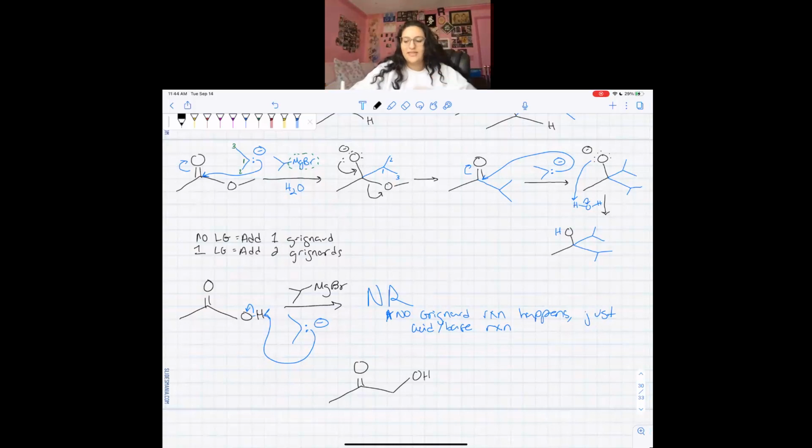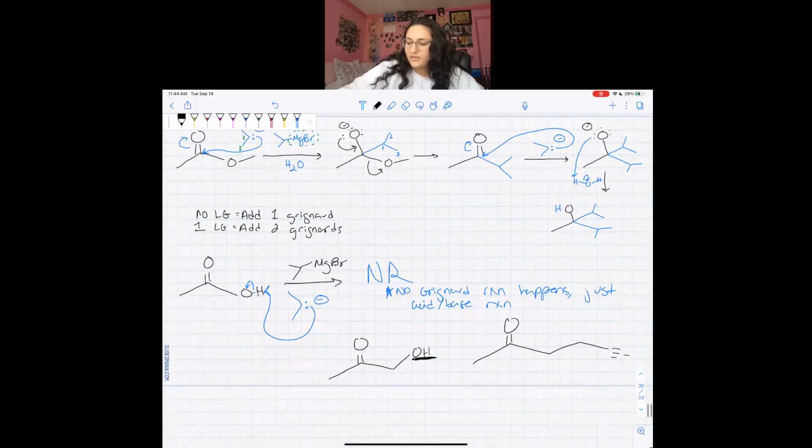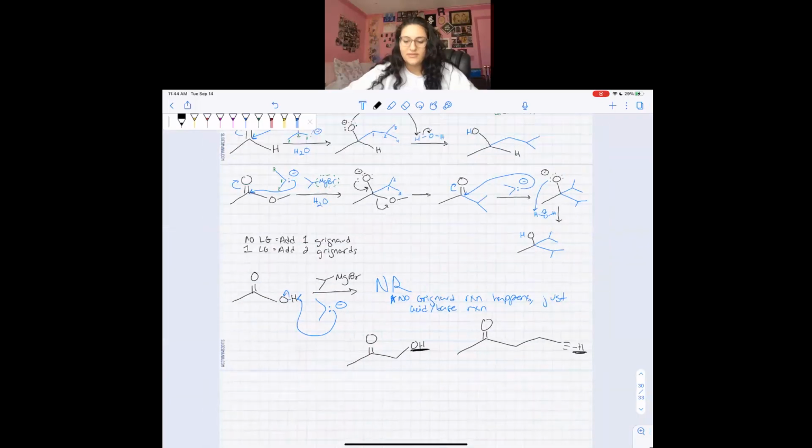So now it's just a ketone, but there's a heteroatom, and so this counts as an acidic proton. Same thing here. Let's say we have this, and then we have a triple bond with a hydrogen on it. This is an acidic proton, so we would get no reaction. Let me zoom out just a tad so you can see this.